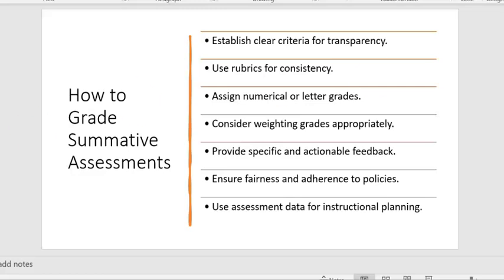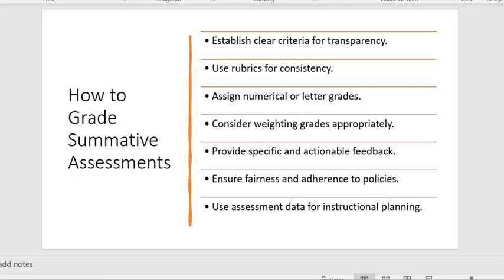So let's look at how to grade summative assessments. You want to establish clear criteria for transparency. You want to make sure that you're using rubrics for consistency, that you're assigning numerical or letter grades. When you're grading a summative assessment, this is going to be something that is a little more high stakes. There is going to be a grade attached to it or some sort of number or level.